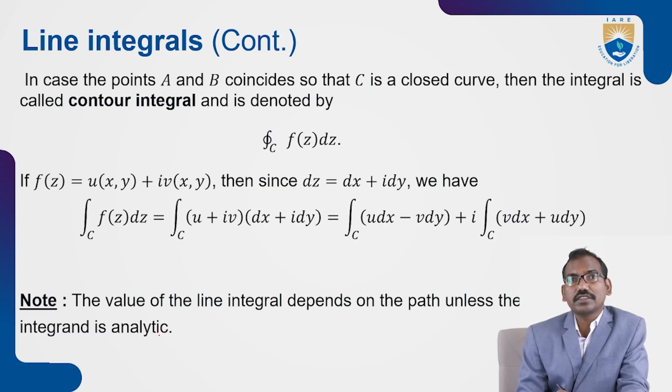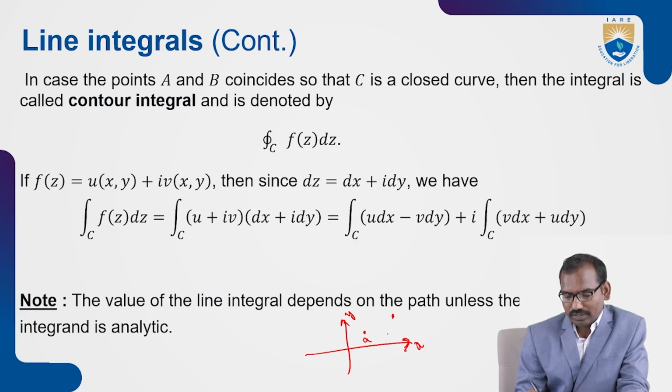You can observe that the value of the line integral depends on the path. Suppose there is a complex plane with x and y, the imaginary part. Here there are two points in the complex plane, say a, a complex number, and the small b is also a complex number.